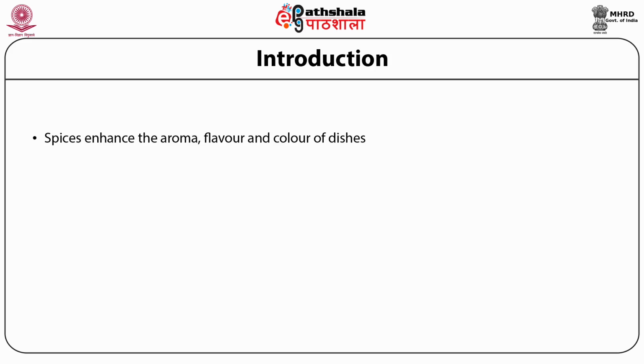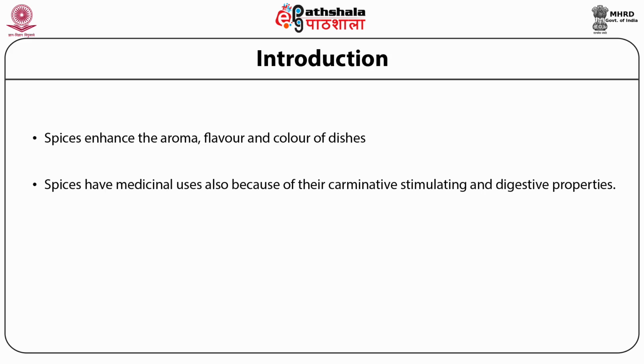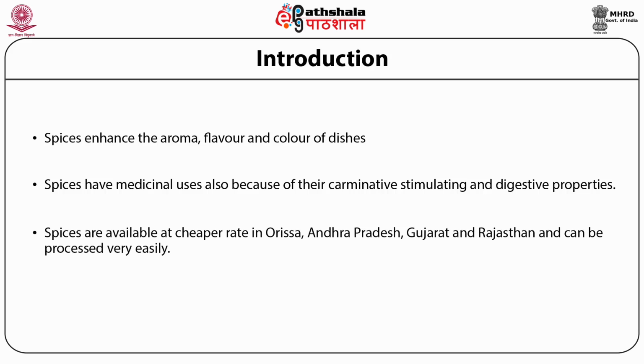In addition, these spices have medicinal use also because of their calmative, stimulating, and digestive properties. However, spices are available at cheaper rates in Orissa, Andhra Pradesh, Gujarat, and Rajasthan, and can be processed very easily.